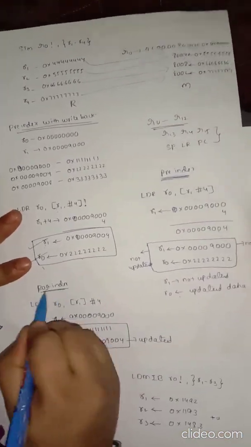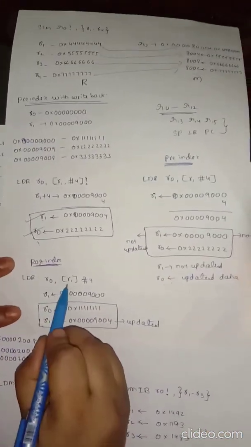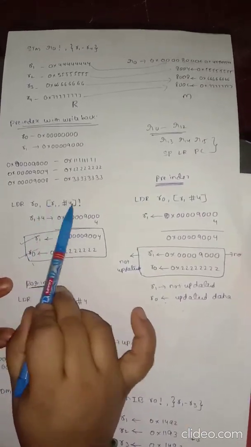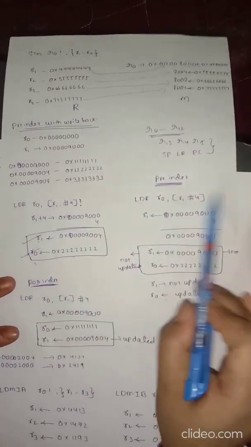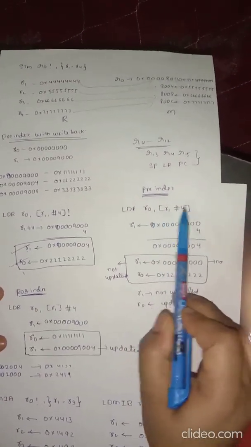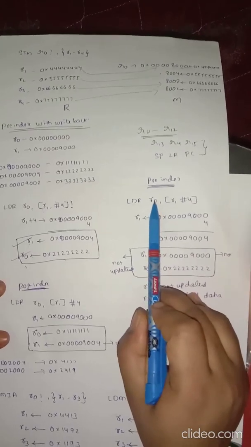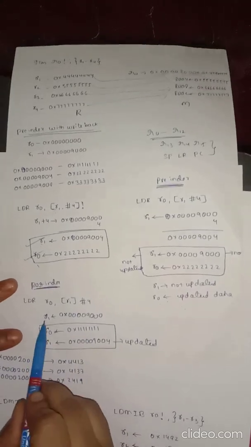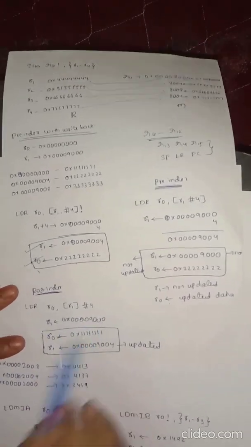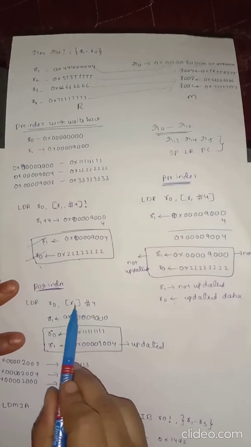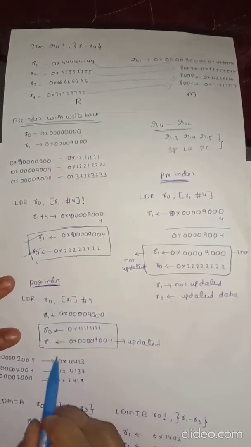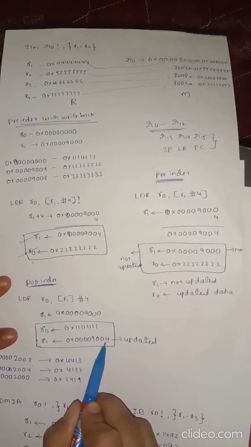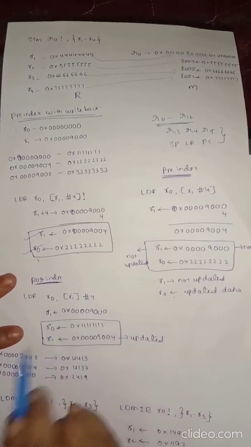Next, post-index. See the notations again. In one case the pointer is inside the brackets along with the addition. In this case, there is no addition inside; you only add afterwards, and the updated value is present in R1. See, first it will go to R1. In R1, what is there? 9000. Next, 9000 plus 4, and R1 is updated, so your address is updated to 9004. But the 9004 location data is not present in R0.